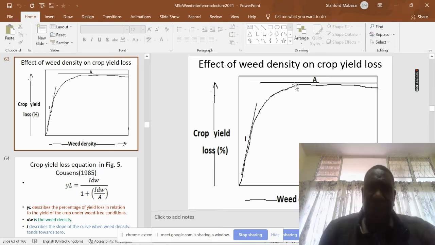So we can identify two areas in Cousins' graph.